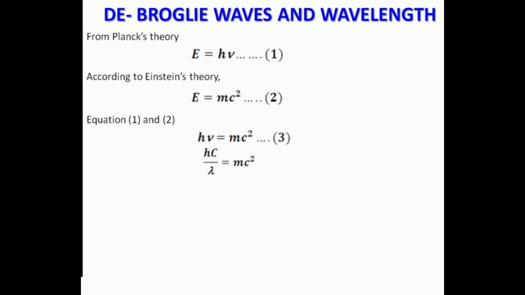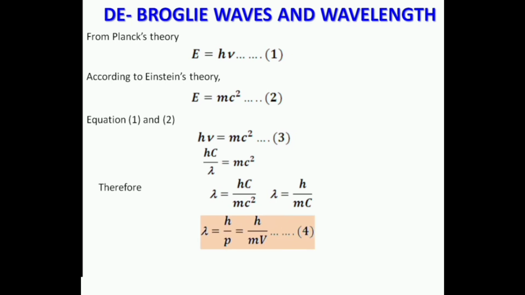So hc upon lambda equals mc square, and therefore lambda equals h upon mc. If the particle is moving with a velocity v less than the velocity of light, we can write c tends to v. So we have lambda equal to h upon mv, and that's how we derive the de Broglie wavelength.